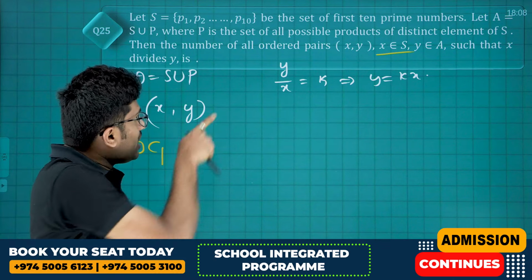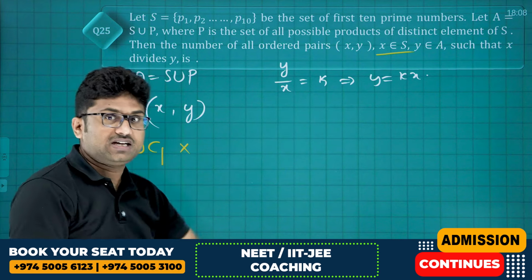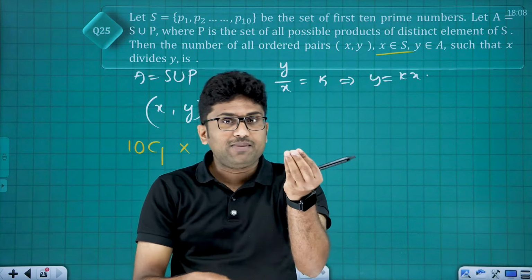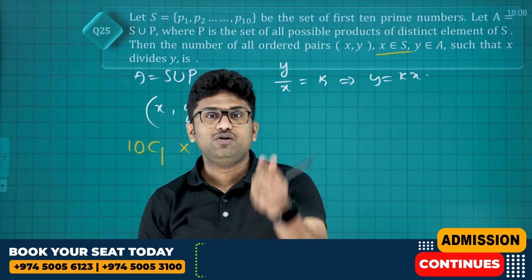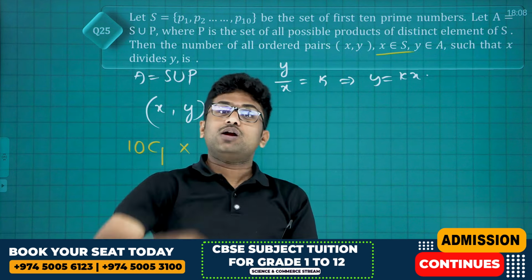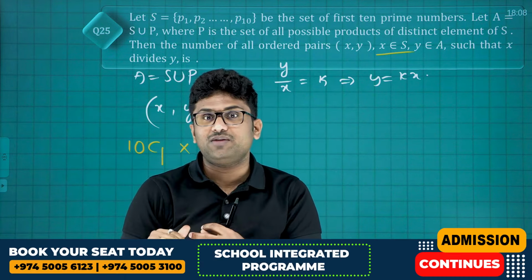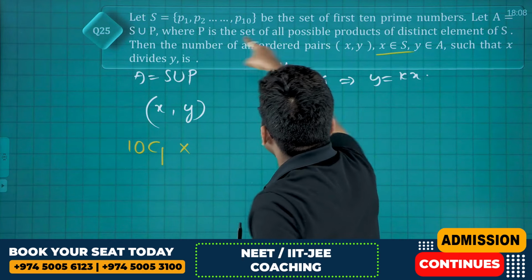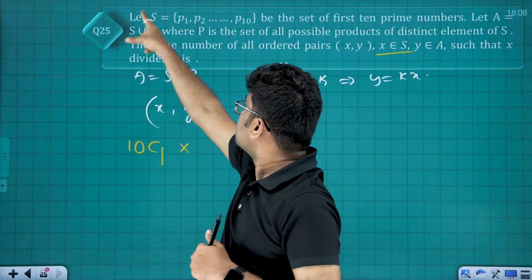Now y can be any element among the remaining 9 elements. y can be only one element of the 9, or any 2 elements from the 9, or any 3 elements from the 9, because P denotes the set of all products of the elements from S.